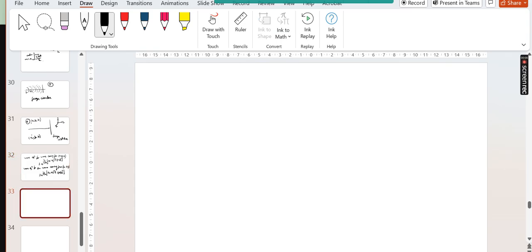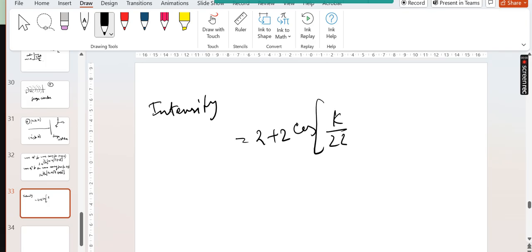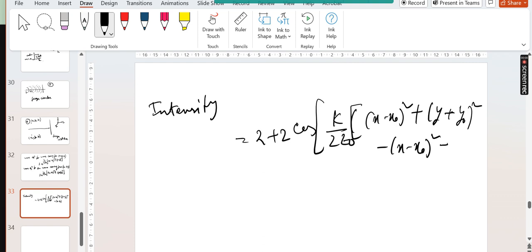So when you add those two things, the intensity became 2 plus 2 cos k by 2z naught times (x minus x naught) whole square plus (y minus y naught) whole square minus (x minus x naught) whole square minus (y plus y naught) whole square.